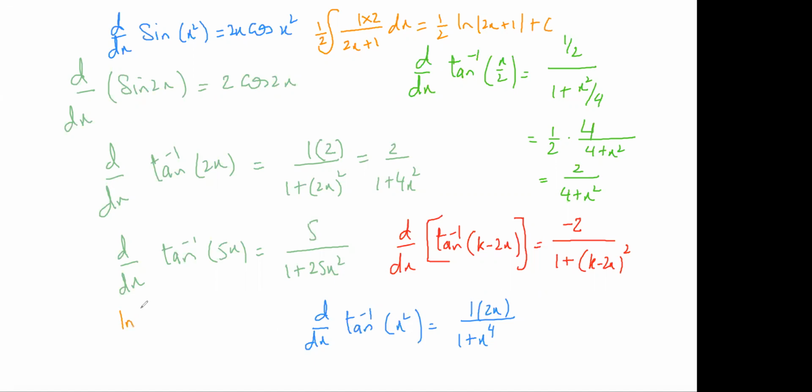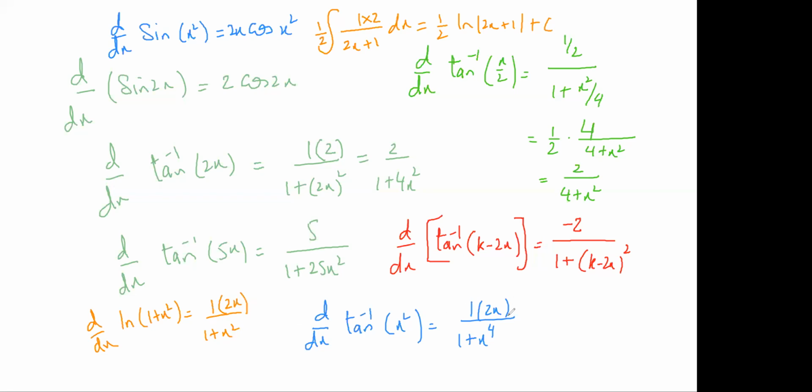For example, if you have ln of 1 plus x squared and you want to differentiate it, its derivative would be 1 over 1 plus x squared, and here you have to write the derivative of that 1 plus x squared.